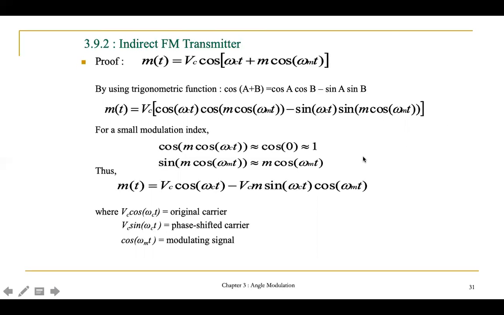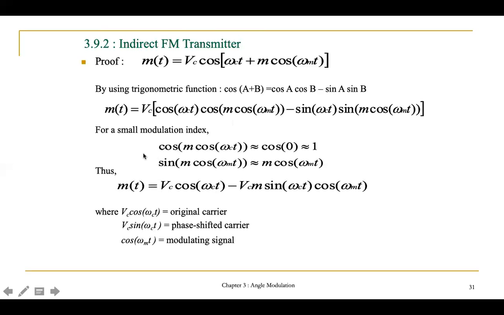So as stated here, for a small modulation index, meaning m very small, which is m almost equal to 0. So when m equals 0, if you key in your calculator, cos 0 is equal to 1, and sin 0 will become 0.